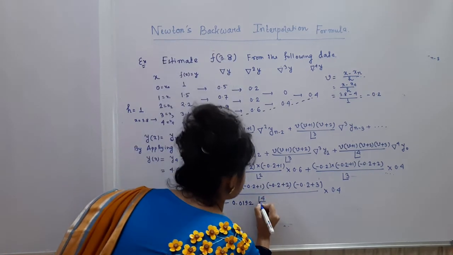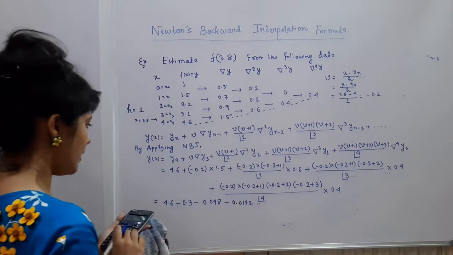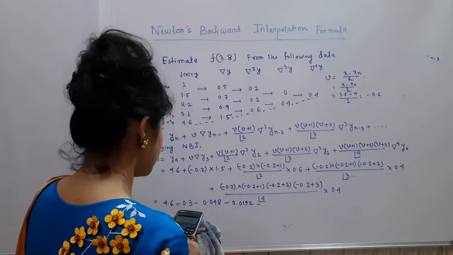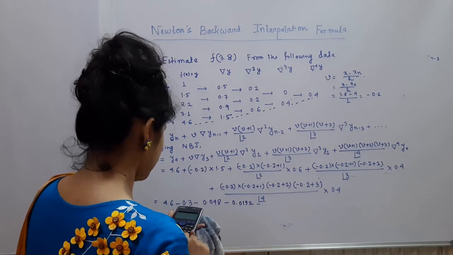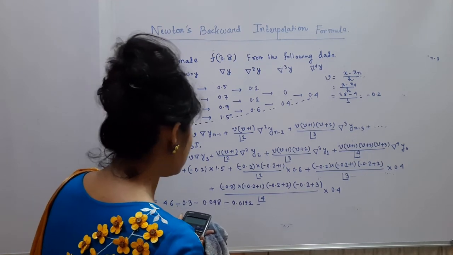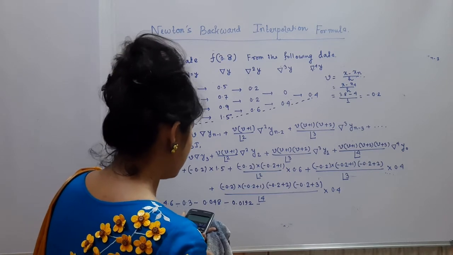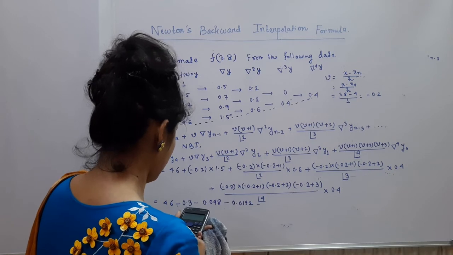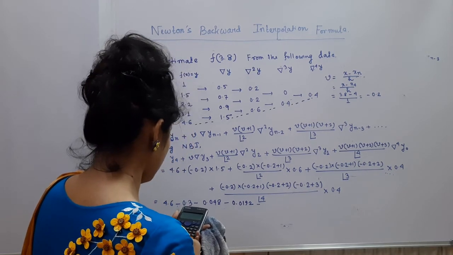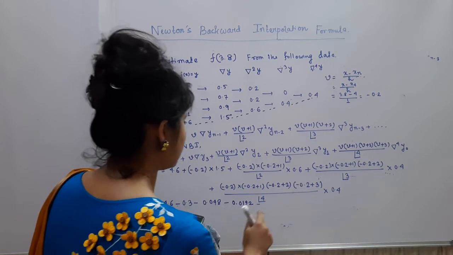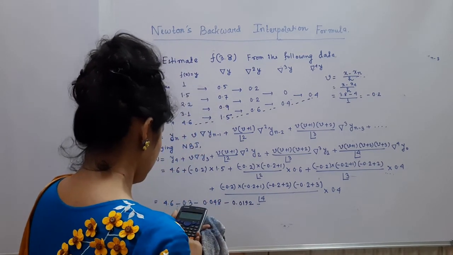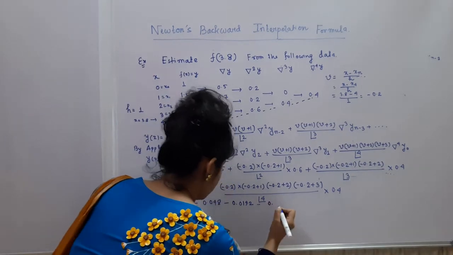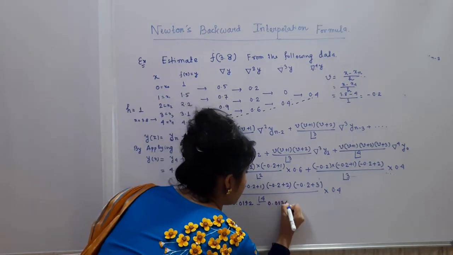So only this is negative. So again negative here. So therefore this will be 0.2 into 0.8 into 1.8 into 2.8 into 0.4 divided by 24. Okay. So that is 0.01344.